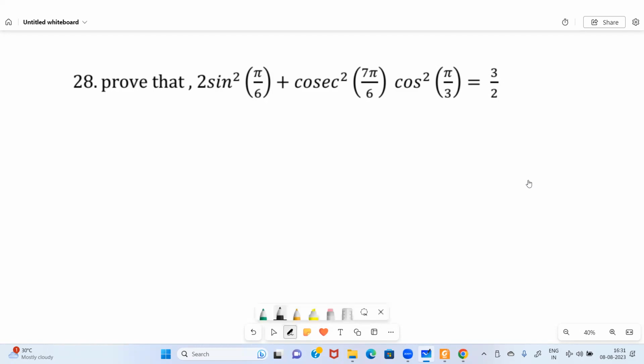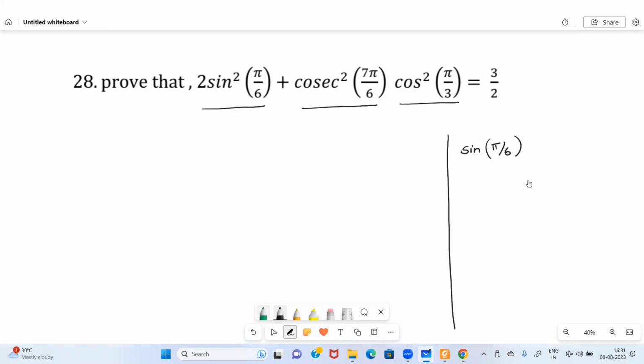See, it's a very, very simple question. Now let us write what are the trigonometric ratios and their angles which are there in this question first. So if you see, we have to deal with sine of pi by 6.